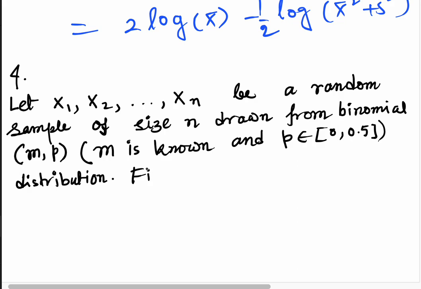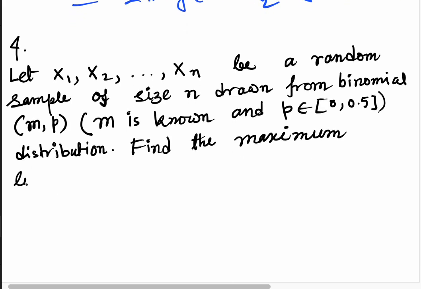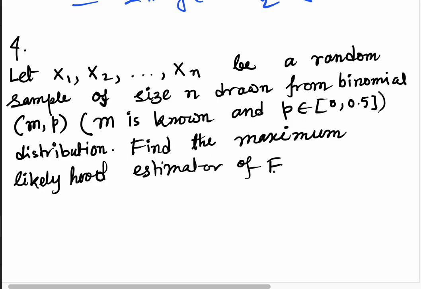Find the maximum likelihood estimator of the expectation of x1.